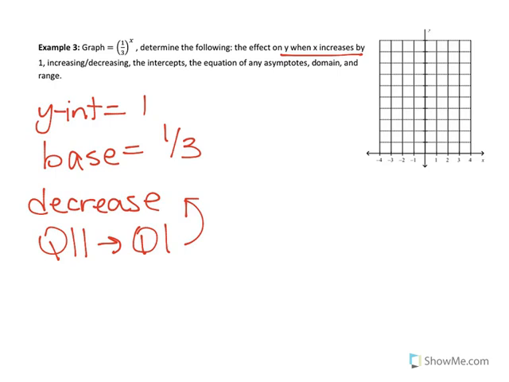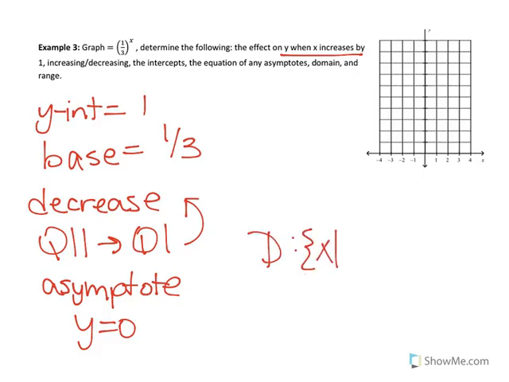We don't have any vertical asymptotes, but we will have a horizontal asymptote at y equals 0. It doesn't actually ever touch that axis. Our domain is going to be all the real numbers.